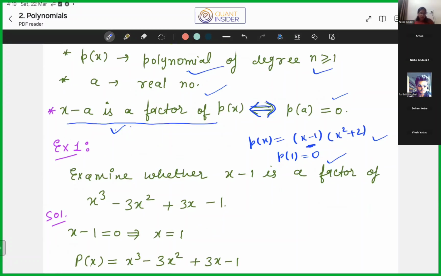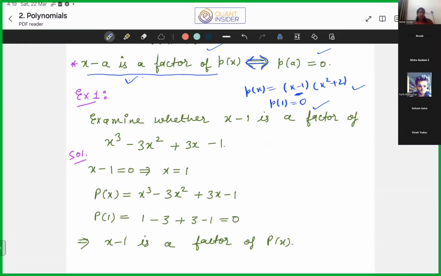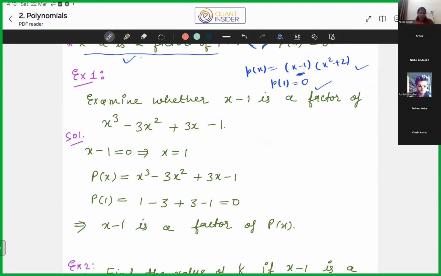Let's do this question. Examine whether x minus 1 is a factor of this or not. So according to this, if x minus a is a factor, then p(a) is 0. So if x minus 1 is a factor, then p(1) must be equal to 0.